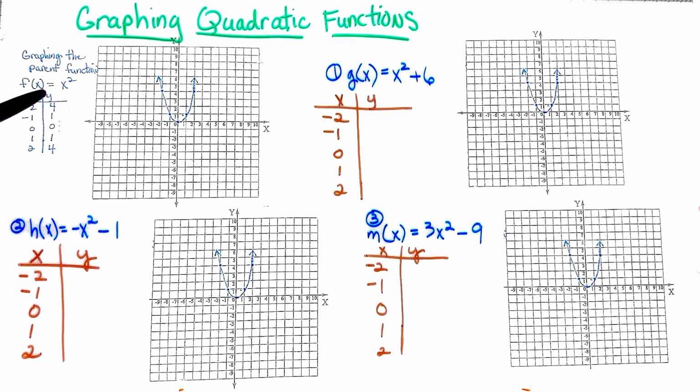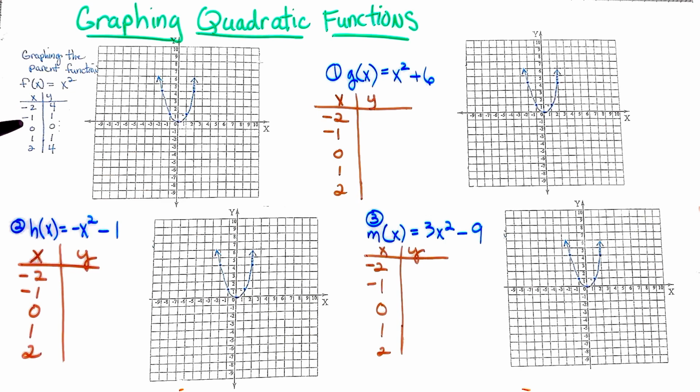So f of x is equal to x squared is done for you. If you have a -2, we see that it's positive 4. If you put in a -1 for x squared, the answer is 1. A 0, you get a 0. If you put in a 1, you get a positive 1 for 1 squared. If you put in a 2 for 2 squared, you get a 4.